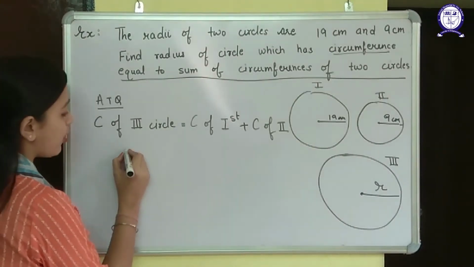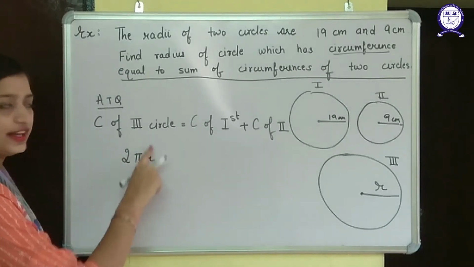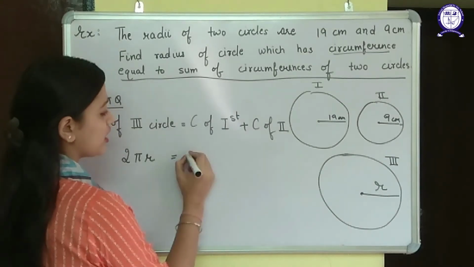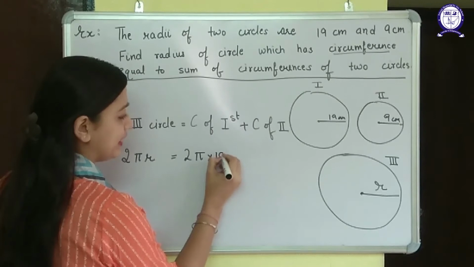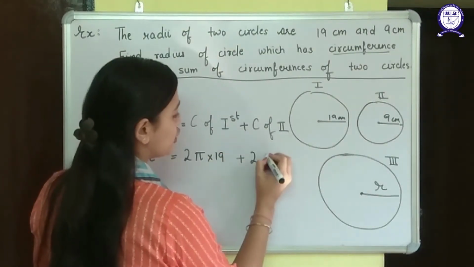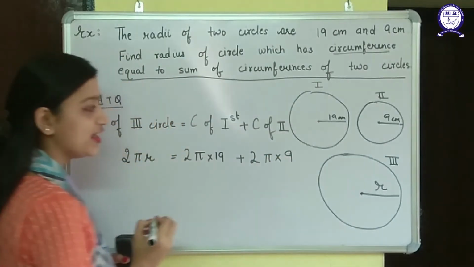Now what is the formula of circumference? 2 pi r. r is the radius of the third circle, so this is my 2 pi r. The first circle is 2 pi into 19 because the radius is 19, and for the second, 2 pi into 9 because the radius of the second circle is 9.